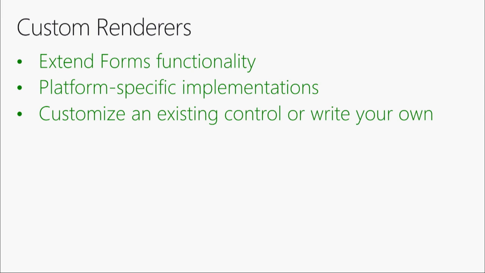In fact, Forms lets you subclass an existing renderer, like a view renderer or an image renderer, and create your own custom renderer that you then use to draw your control natively on each platform. You use this to customize existing controls in Forms, or to define your own controls.